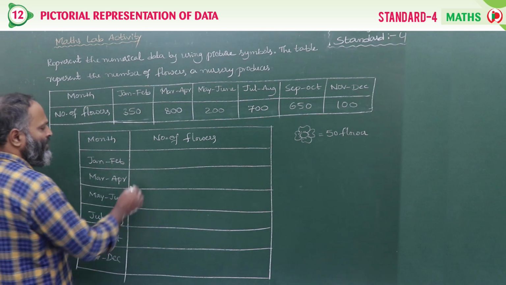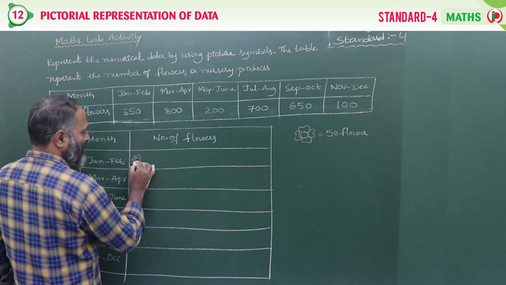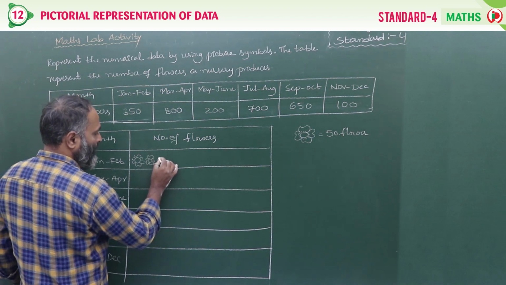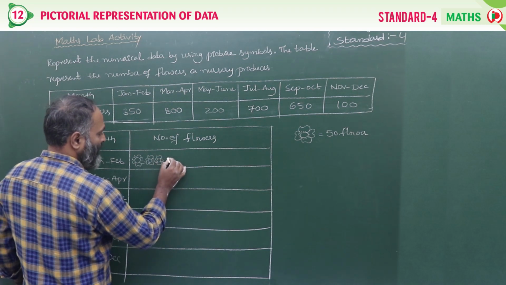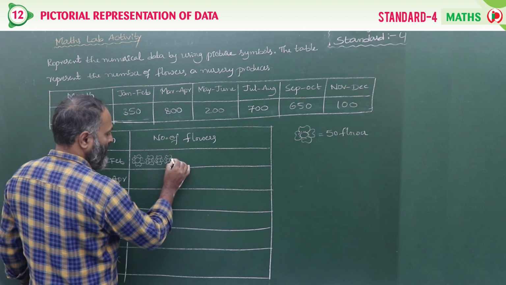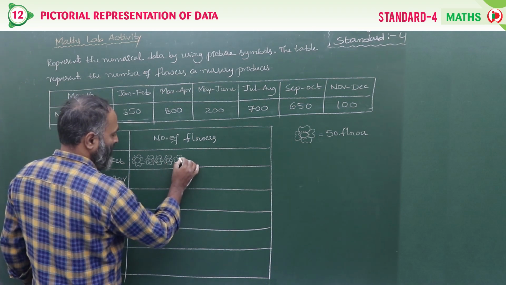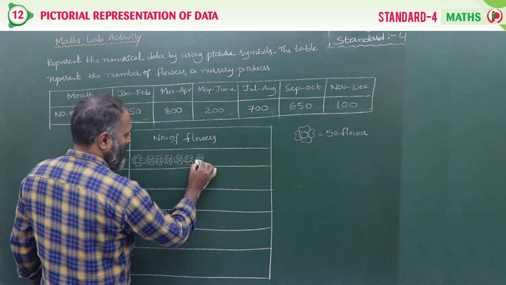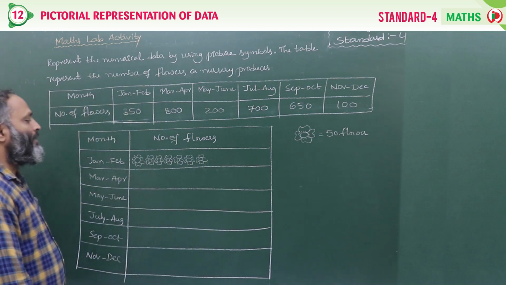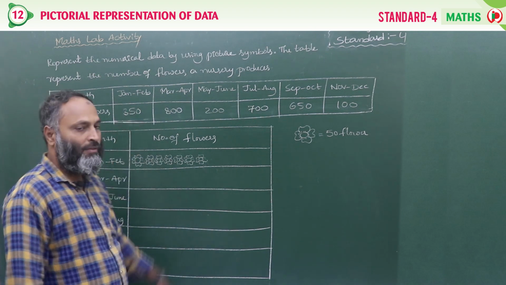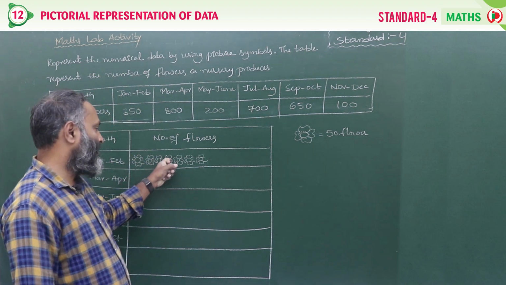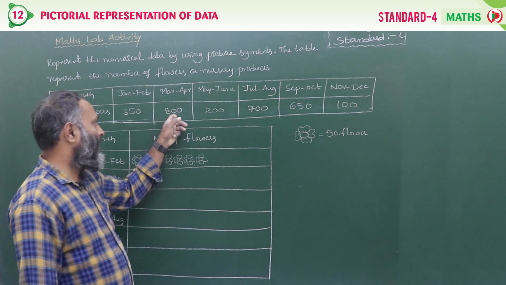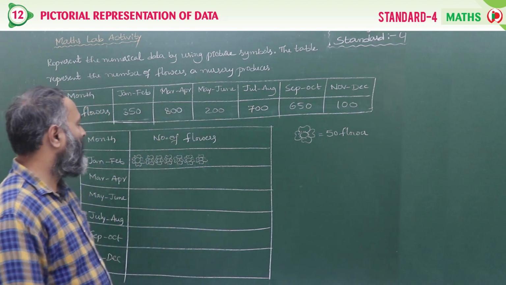So 7 flowers we should draw. 1, 2, 3 flowers, 4 flowers, 5 flowers, 6 flowers, 7 flowers. 7 flowers we should draw. 7 flowers means 350: 50 plus 50, 100, 150, 200, 250, 300, 350.